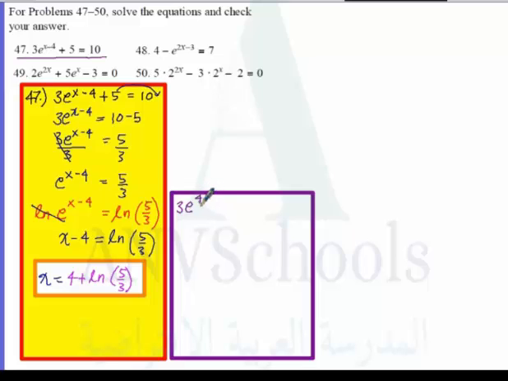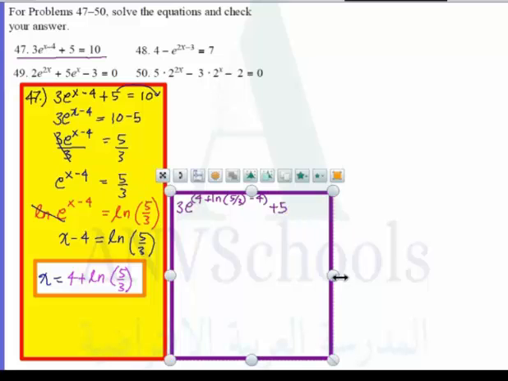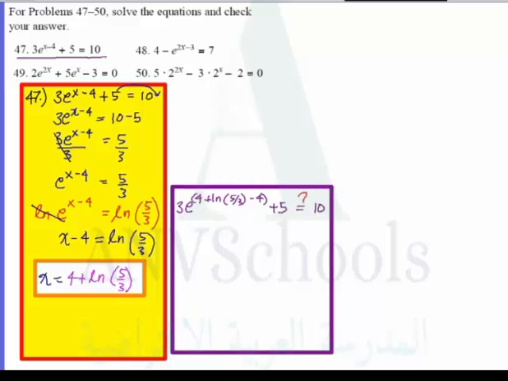So 4 plus ln of 5 over 3 minus 4, plus 5, is it equal to 10? Let us see.